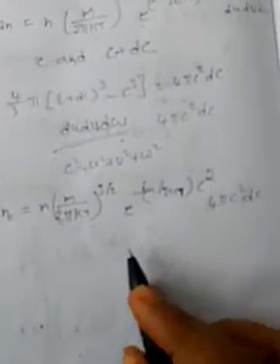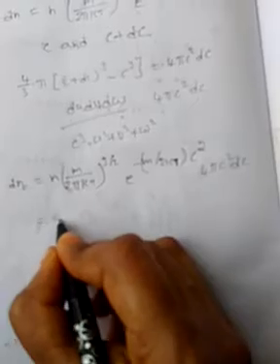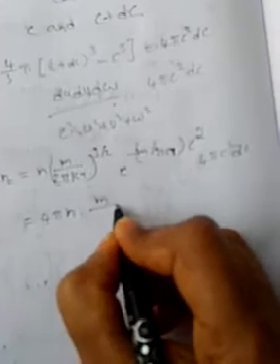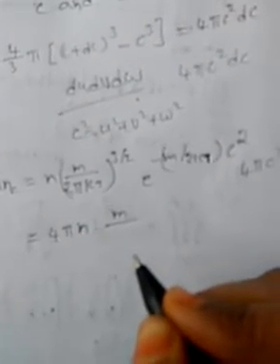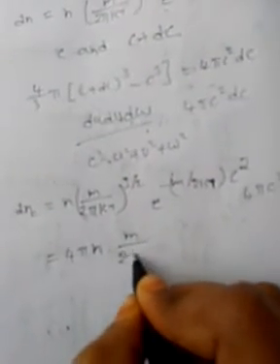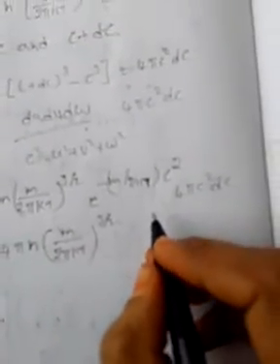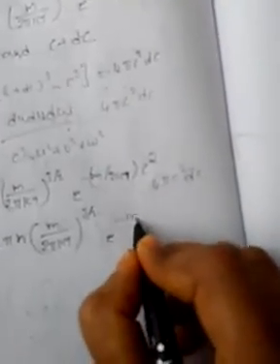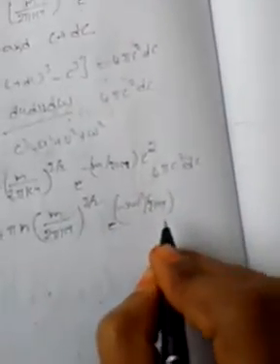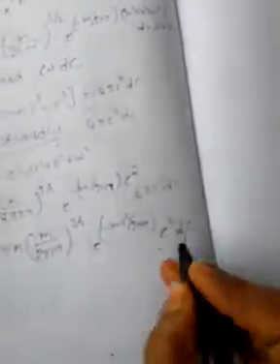Then rearranging the terms we get 4 pi n (m by 2 pi kt) whole power 3 by 2 into e power minus m c square by 2 kt into c square dc.